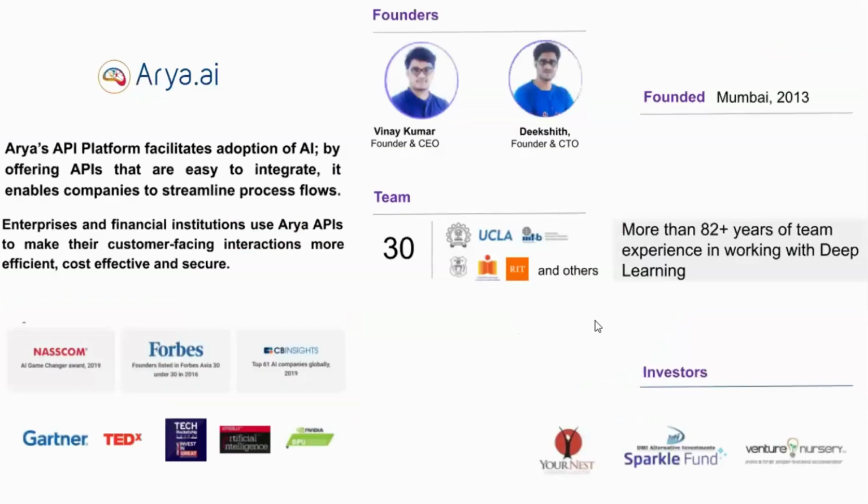Moving forward, talking about our company, we are Arya.ai. We have an AI API platform where we offer more than 70 ready-to-use APIs for automation of various operational processes. Our journey started in 2013 by our founders Deekshit Marla and Vinay Kumar.